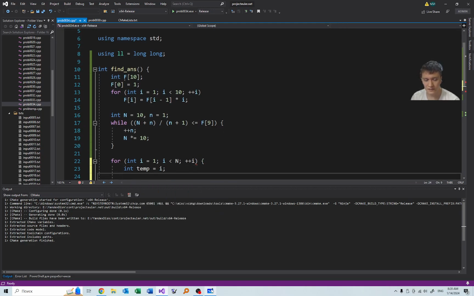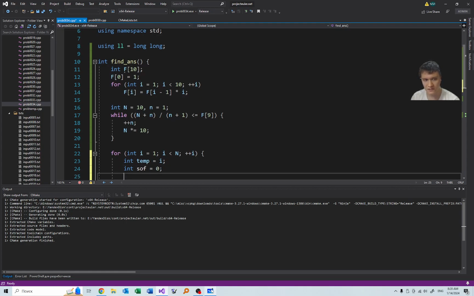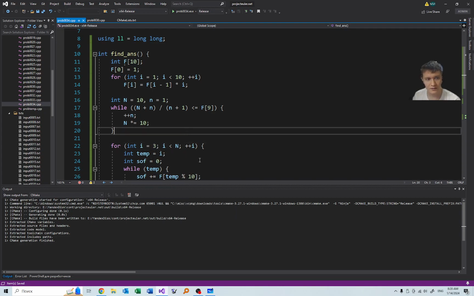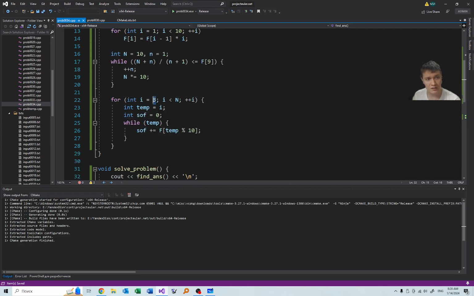Let's calculate everything. So we say sum of factorials is 0, then while temp, sum of factorials plus equals f of temp percent 10. Actually, we skip 1 and 2, so we start with 3. Actually, we start with 10 again.